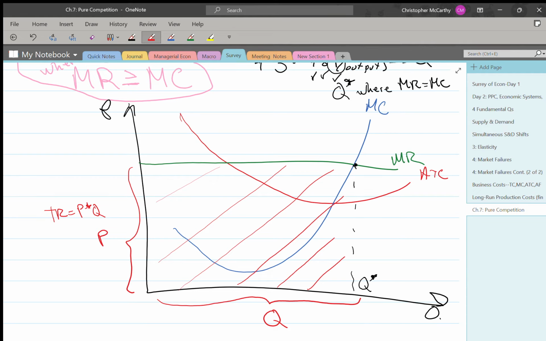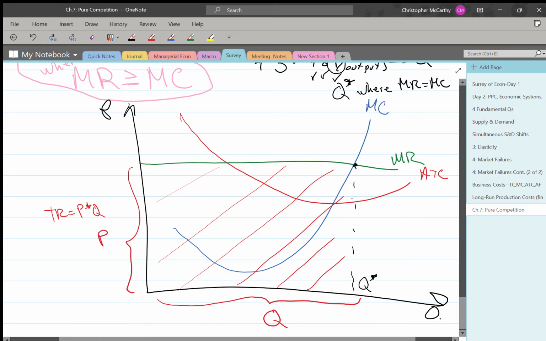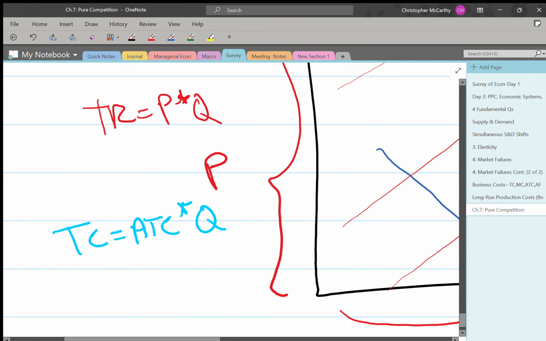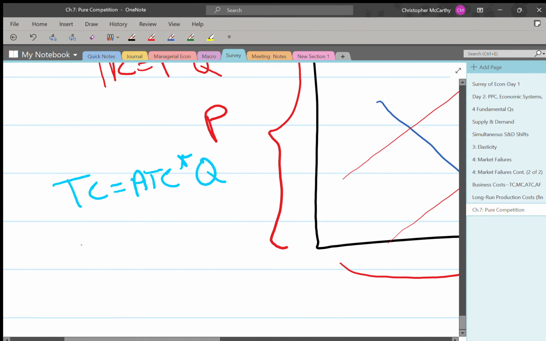Now, where are our total costs? We know that our total costs is equal to our average total costs times our quantity sold. Now, how do I know this? Well, I know that my average total costs, anytime there's average, I'm just going to take the total cost and divide it by quantity.